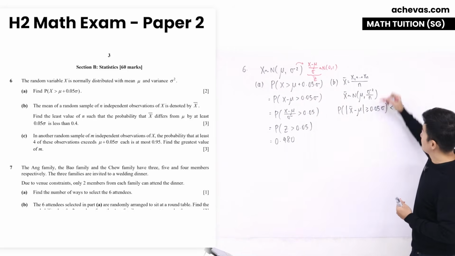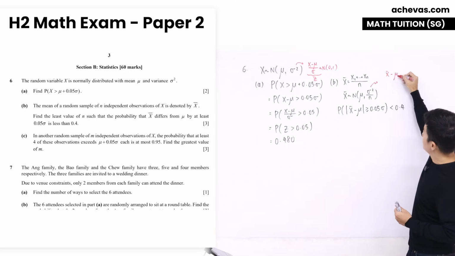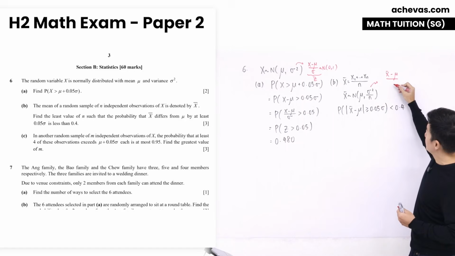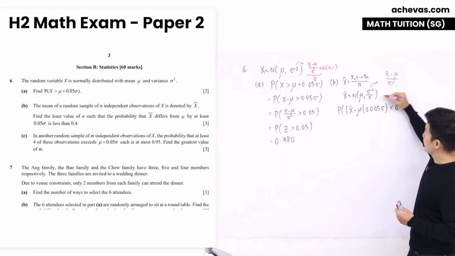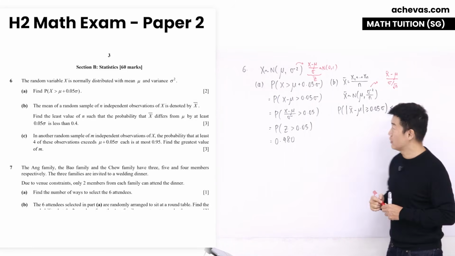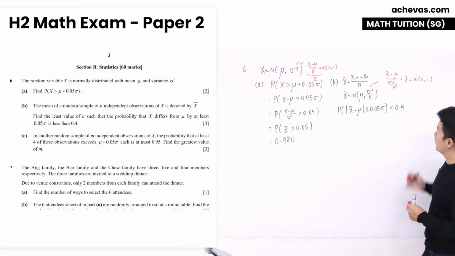And to standardize X bar, it is going to be X bar minus its own mean divided by its own standard deviation, which is going to be the square root of this. So it's going to be square root of sigma square over square root of n. So it is going to be reduced to sigma over square root of n. This will then be equal to Z, which will then be 0, 1.